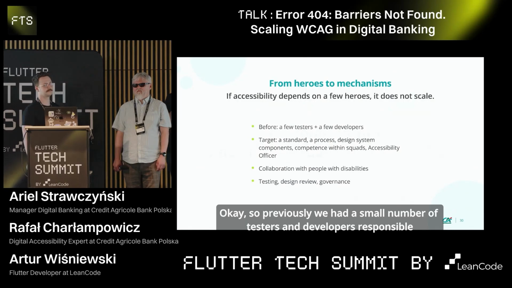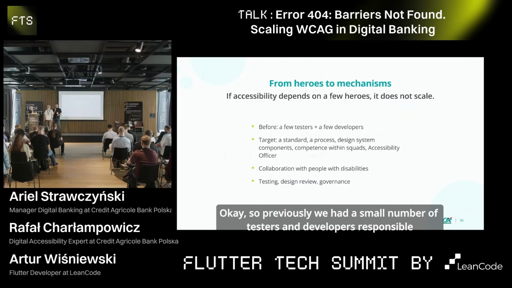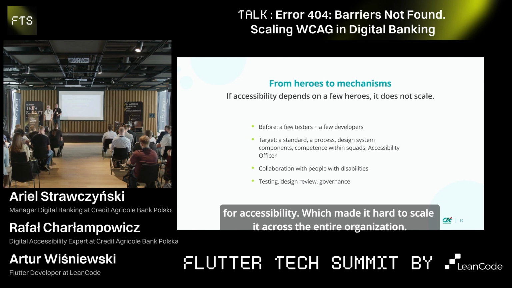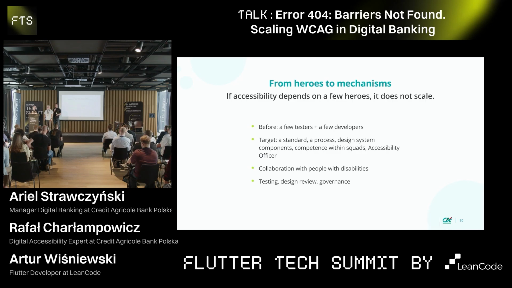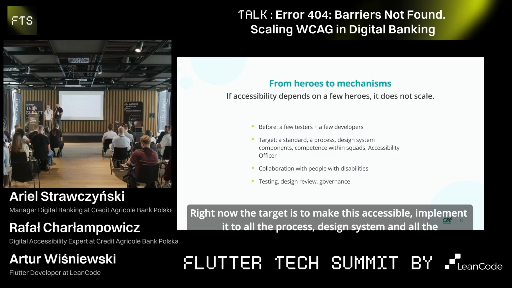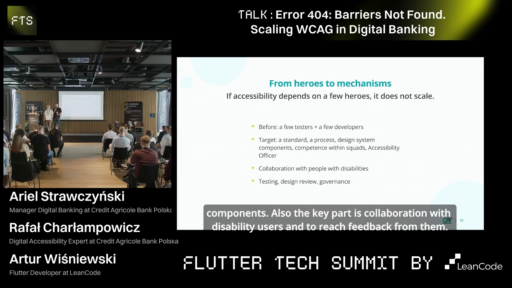Okay, so previously we had a small number of testers and developers responsible for accessibility, which made it hard to scale it across the entire organization. Right now the target is to make this accessible and implement it across all processes, the design system, and all the components.